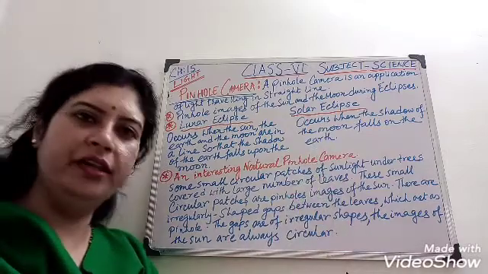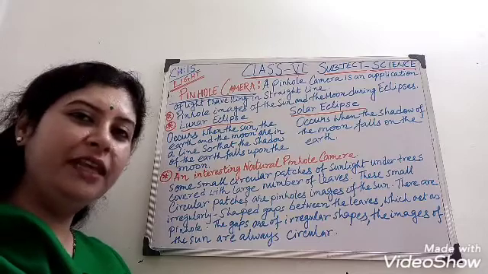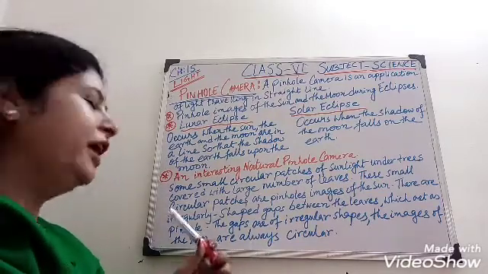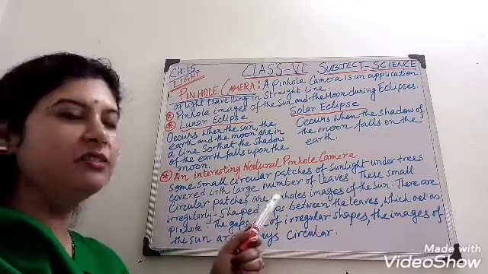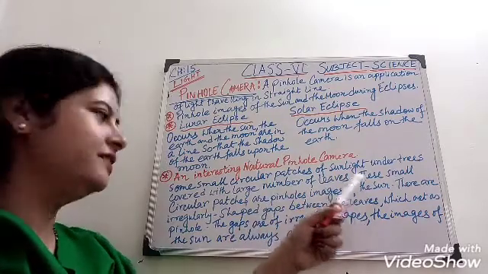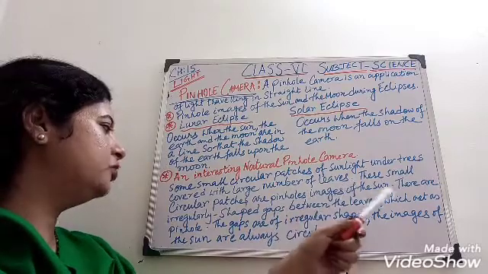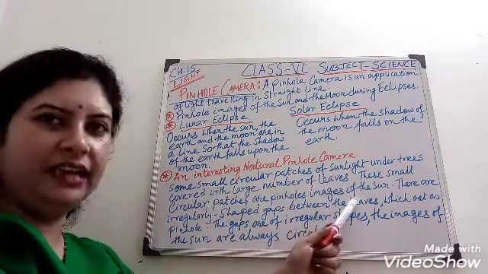Now, an interesting natural pinhole camera for you children. You must have observed some small circular patches of sunlight under trees covered with a large number of leaves. These small circular patches are pinhole images of the sun.